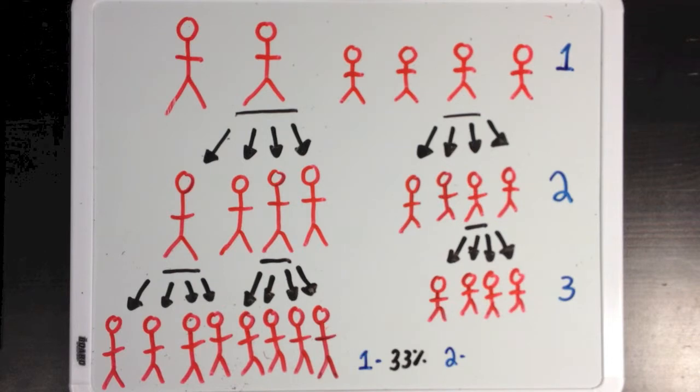In generation 2, 50% of the population was long-legged. And by generation 3, 67% of our population was long-legged. And this is all because that special trait of having longer legs made those people more likely to survive and reproduce than those with short legs. And this is the crux of how natural selection works.